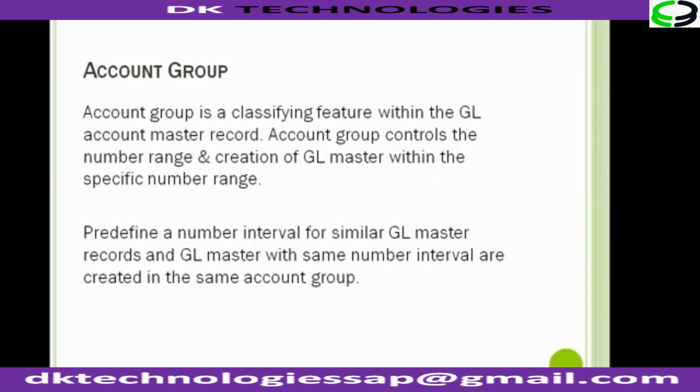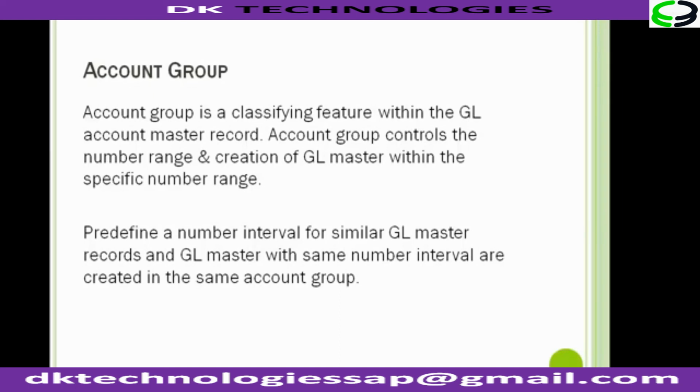That means if you create these groups, their numbering, their GL number range, should be the same in the same sequence. That is what is created with the help of account group. Account group basically controls the number range and creation of GL master.